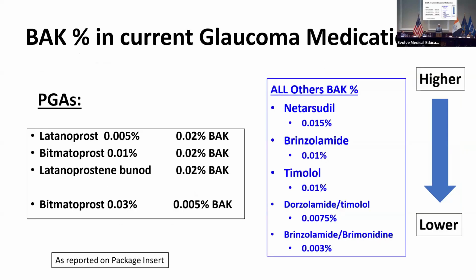So here's my own little survey, if you will, from package inserts about the percentage of BAK in our current medications. There are a number of other tables and guides out there. As you can see, I separated it into the prostaglandin analogs and then most all of the other topical glaucoma medications. And again, it's just reaffirming what we're using on a daily basis.